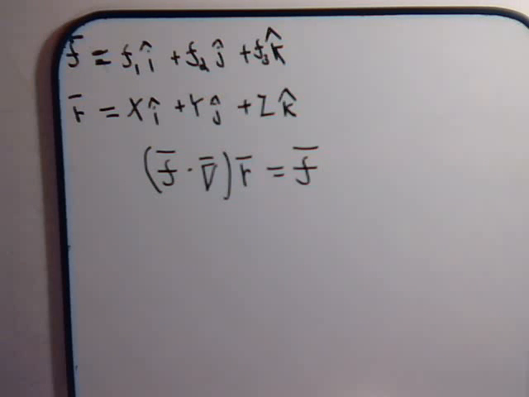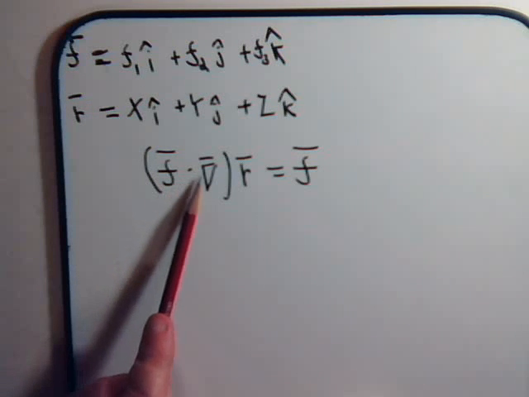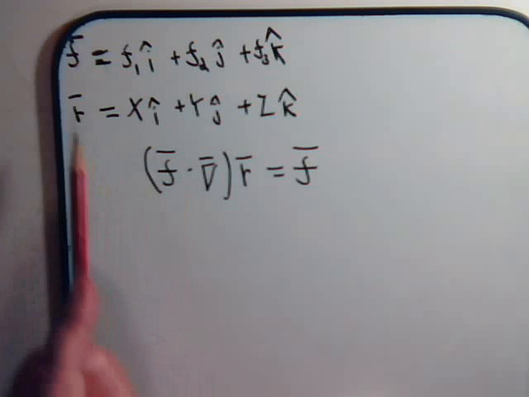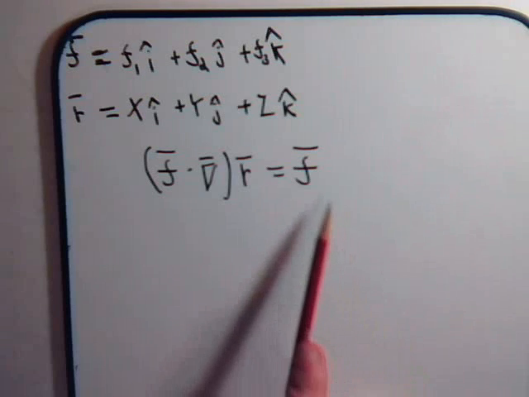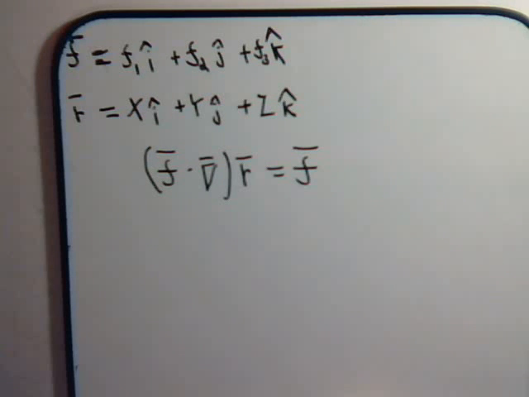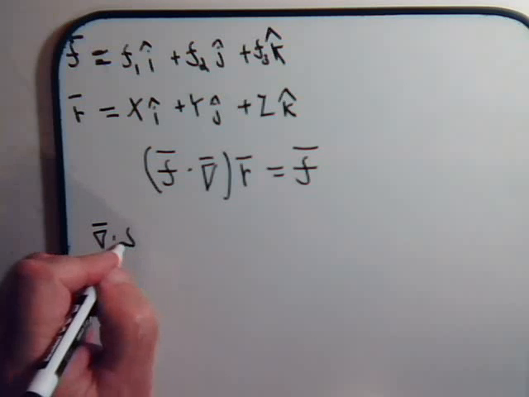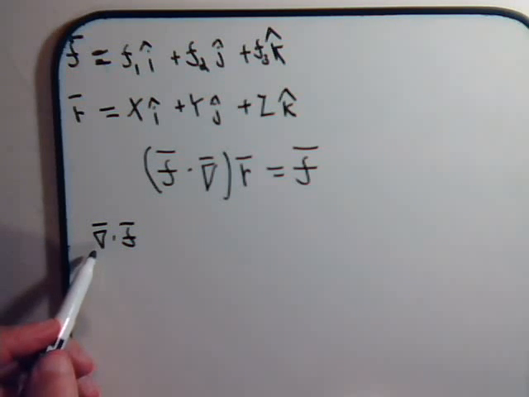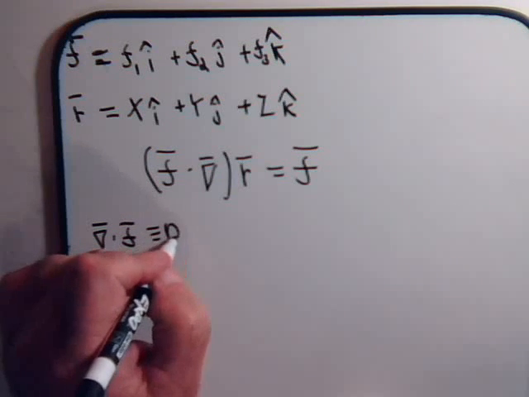And we're supposed to show that if we take the dot product of our vector F with the del operator and then have this quantity operating on a position vector, that in turn gives us our original vector F. Now, taking the dot product in this direction between the del operator and any vector, that's the divergence of the vector.